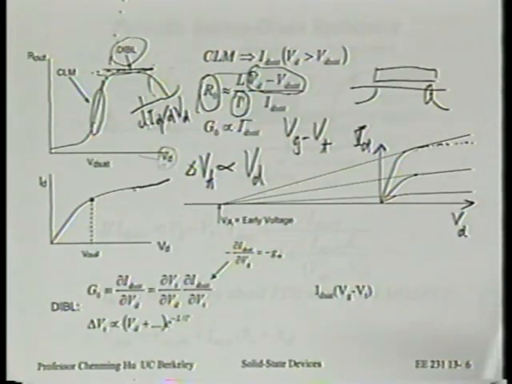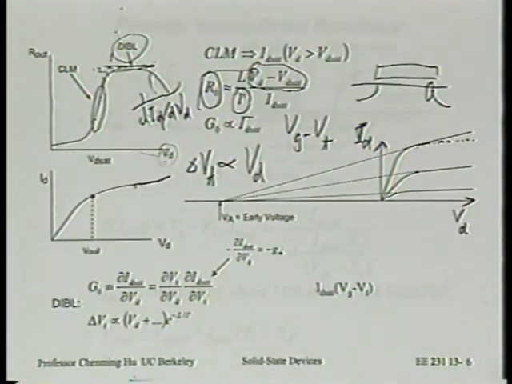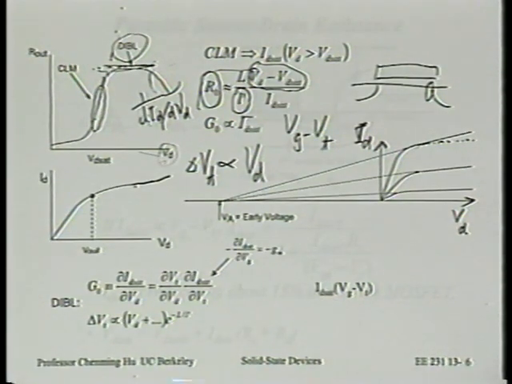So I have a little bit of analysis right here. G naught is defined as dID sat dVd, remember? Use the chain rule, therefore it's equal to dVt dVd times dID sat dVt. Is that right?